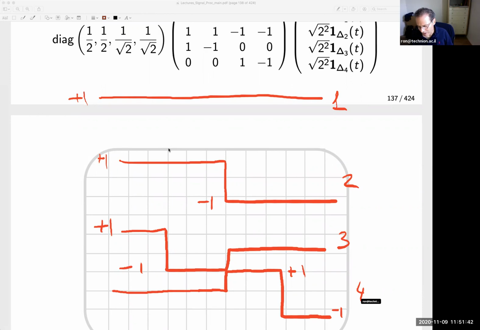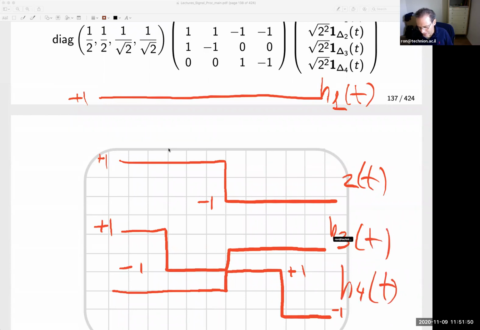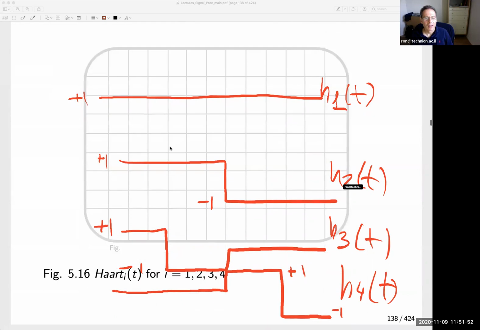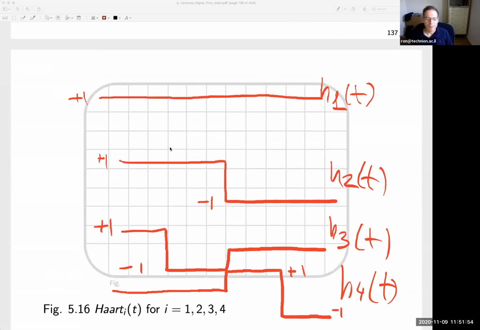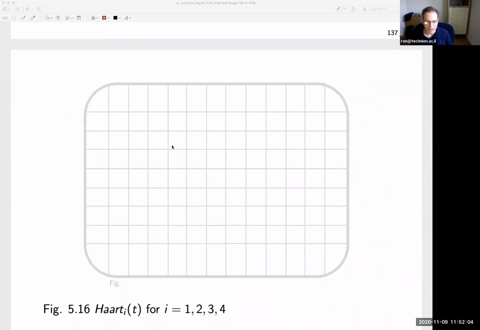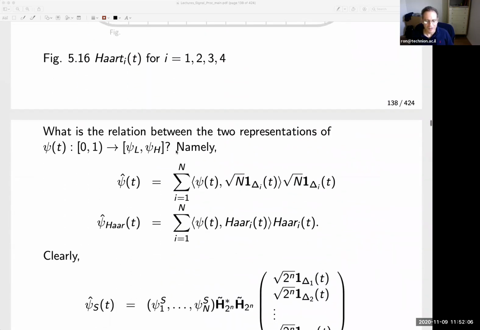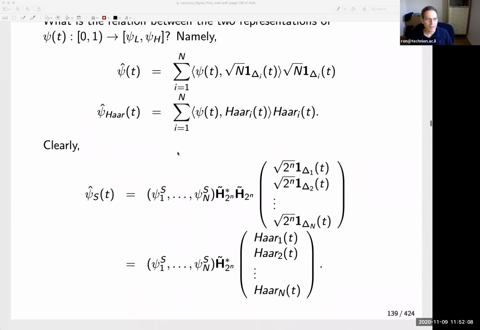So this would be Haar 1(t), Haar 2(t), Haar 3(t), and Haar 4(t). And this would be my four functions. And if I continue, I can have a higher order of Haars, and then I would have even more interesting functions, multi-resolution functions to work with.